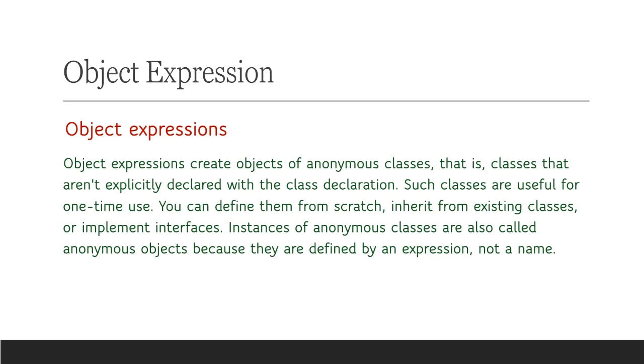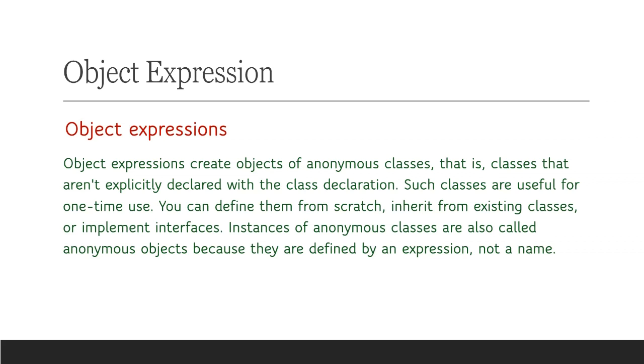So what's the meaning of that? As we make a class, we can create an object, and then we can fetch data or methods using it. That is the simple scenario whenever you work with your object. So again, object expressions create objects for classes that are not explicitly declared with a class declaration, and you use those classes for one-time use.